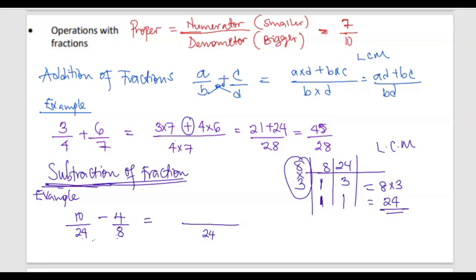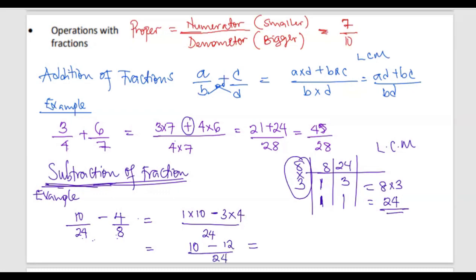So 24 goes into 24 once, times 10, minus 24 goes into 8, how many times? 3. 3 times the 4, which is on top. So here we have 10 minus 12 over 24.